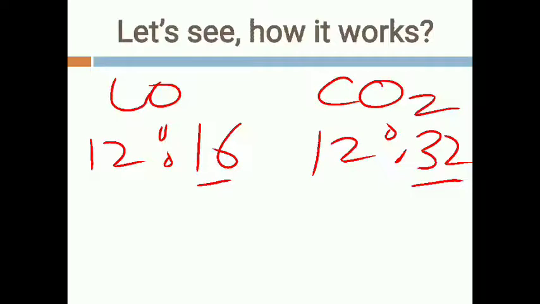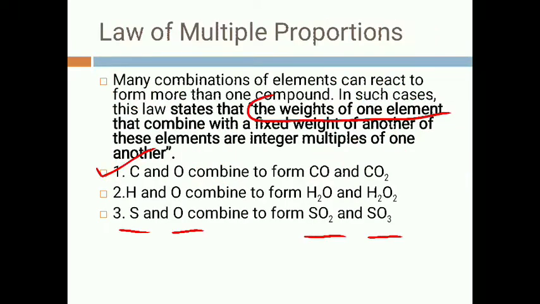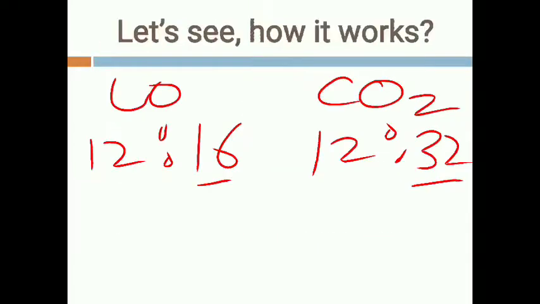Now I'll come back to the law. The law says the weights of one element that combine with the fixed weight of another element are integral multiples of one another, meaning the ratio is an integral multiple. Suppose you want to keep oxygen the same and compare carbon. You have to change this amount of oxygen.